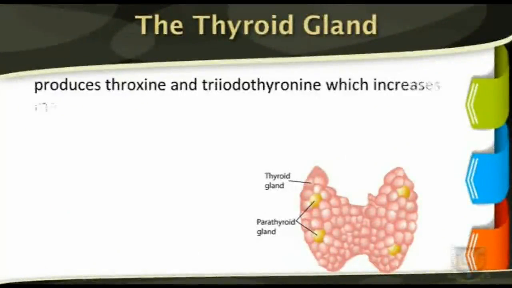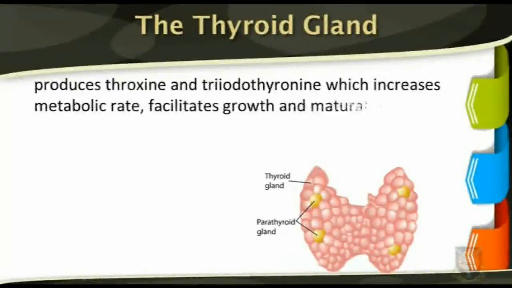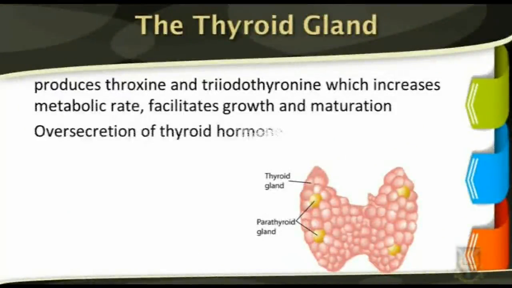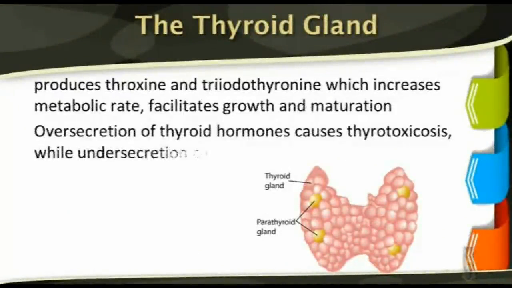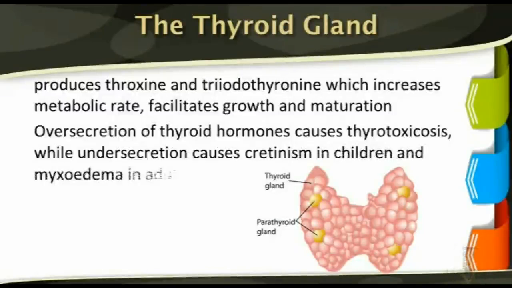It produces thyroxine and triiodothyronine, which increase metabolic rates and facilitate growth and maturation. Oversecretion of thyroid hormones causes thyrotoxicosis, while undersecretion causes cretinism in children and myxedema in adults.